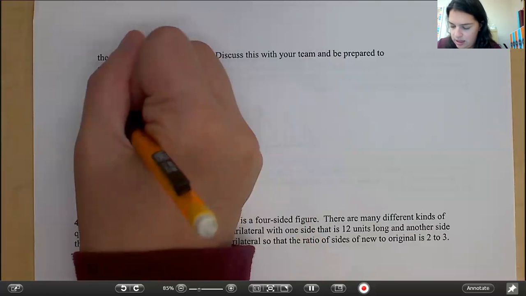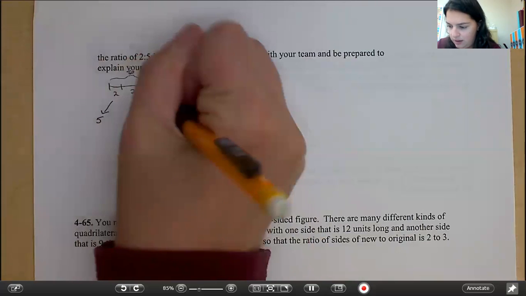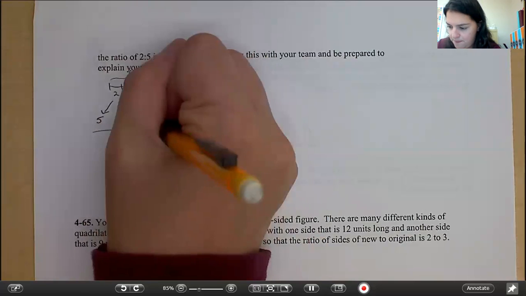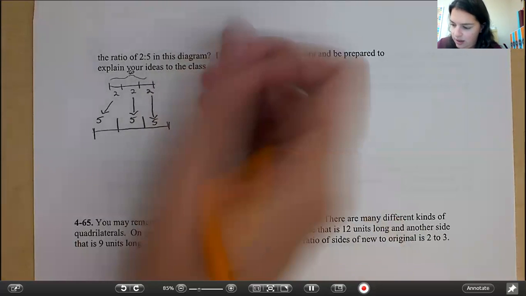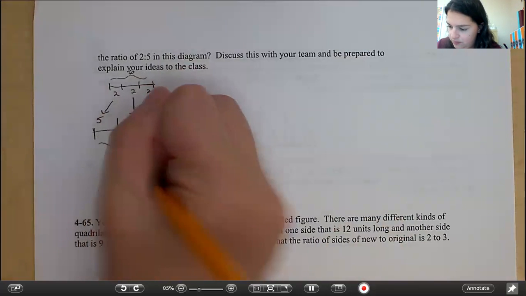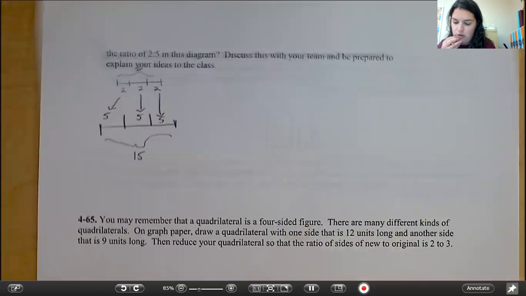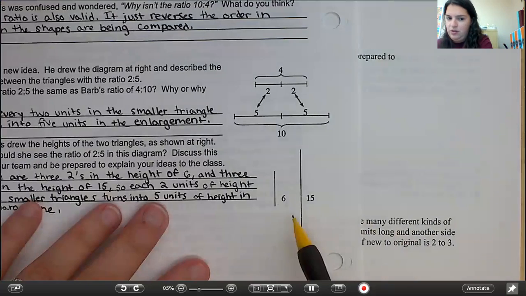So if it's broken down into 3 2s, we would have 5, 5, and 5, which then makes this whole length 15, which if you look, matches the diagram that was on the previous page down here.